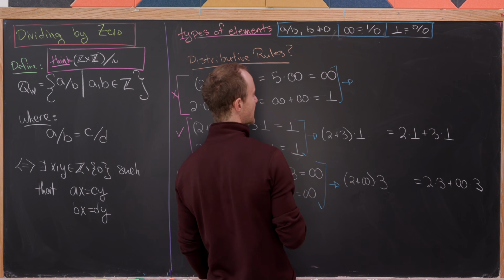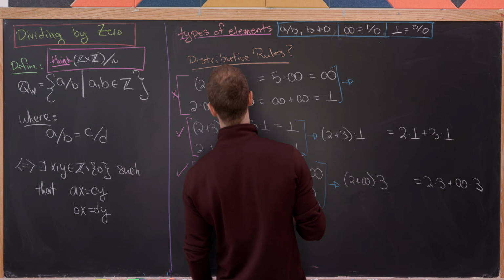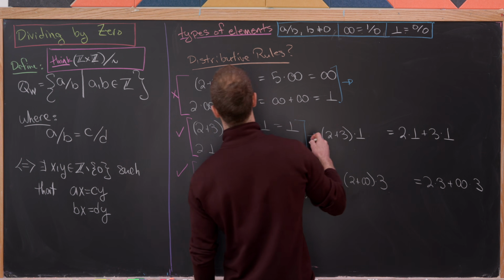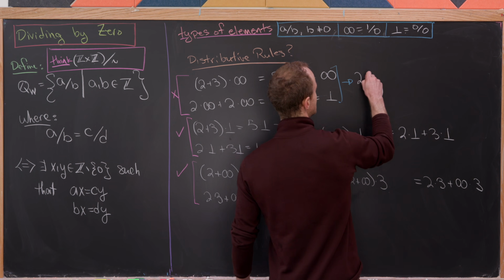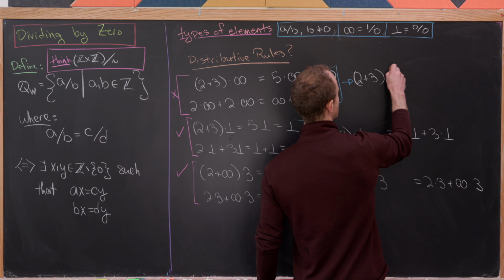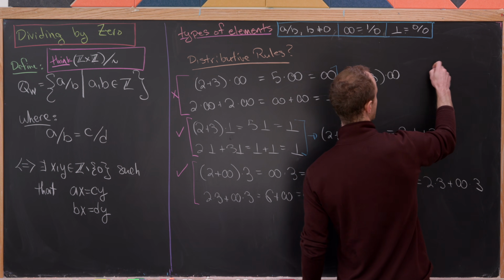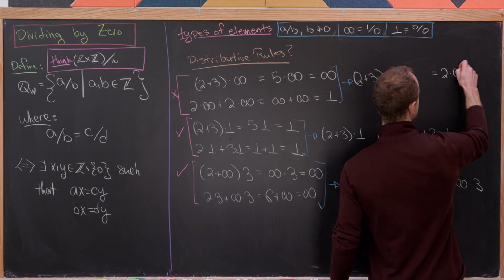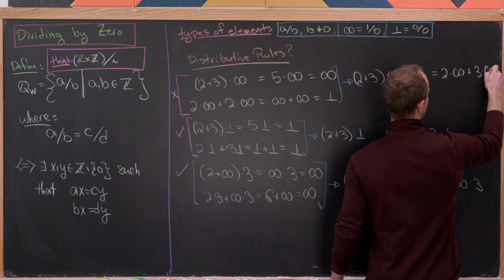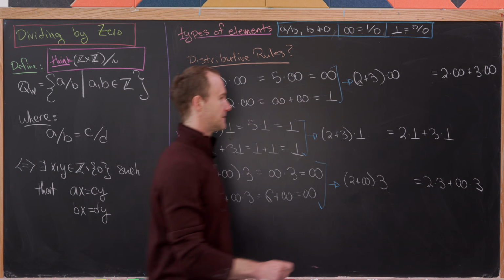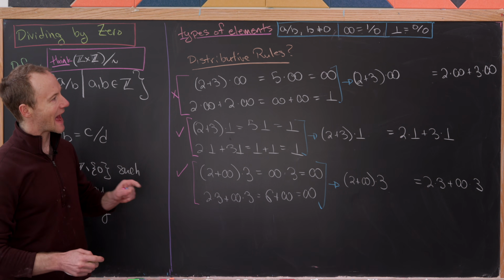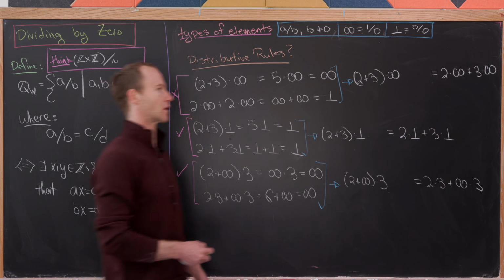And then the same thing up here. So up here we're going to need 2 plus 3 times infinity, and then something equals 2 times infinity plus 3 times infinity. Okay, so now here to add the correction factor that'll work.